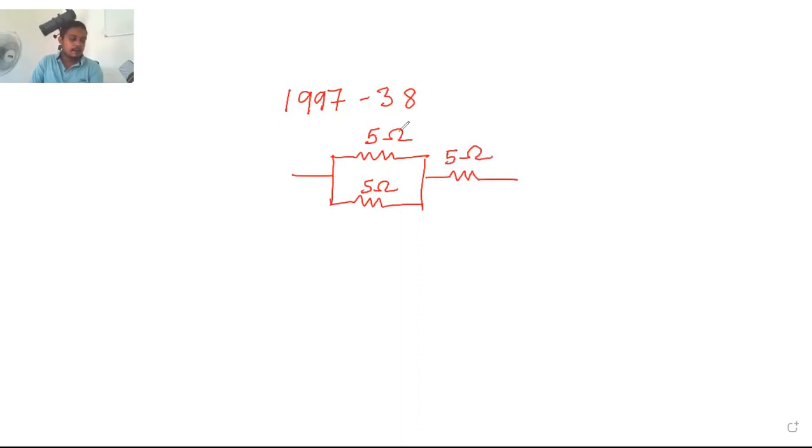The maximum power dissipated basically happens in the resultant resistance. So the resultant resistance of these parts are 2.5 ohms and 5 ohms. The current, have they given the current?